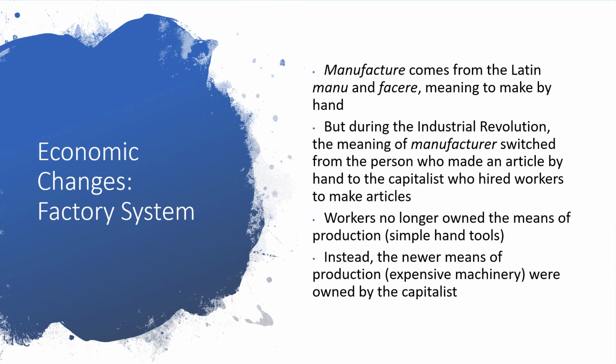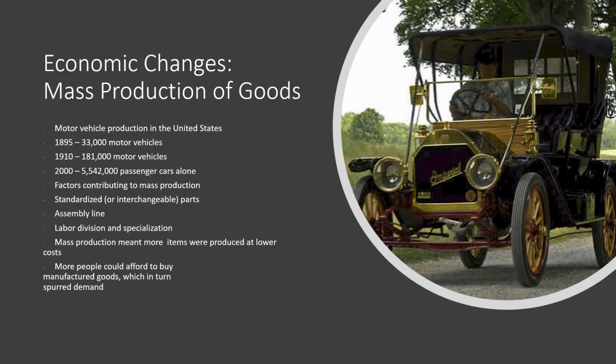Workers no longer owned the means of production, the simple hand tools that were used in the cottage or domestic system. Instead, newer means of production, such as machinery, would be owned by the capitalist, the one who owned the factory and hired the workers to produce the intended goods.